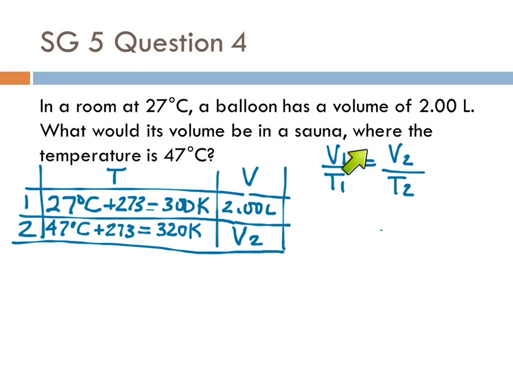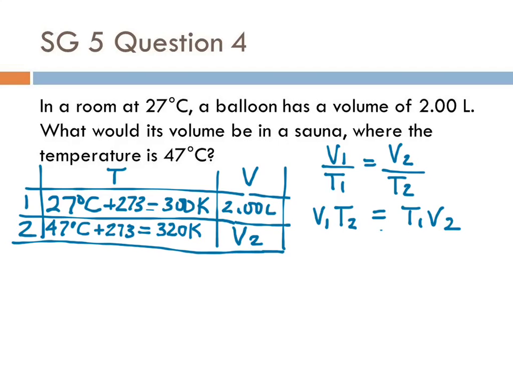So we're going to take V1 times T2. And we're doing this just to get rid of the fraction because the fraction tends to mess people up. So the top of one side times the bottom of the other, and then we take the bottom of the first side, multiply that times the top of the second side. And that's just a mathematician's trick.